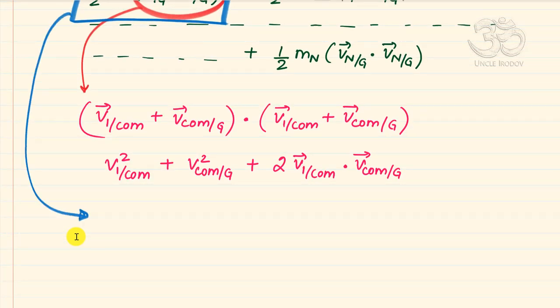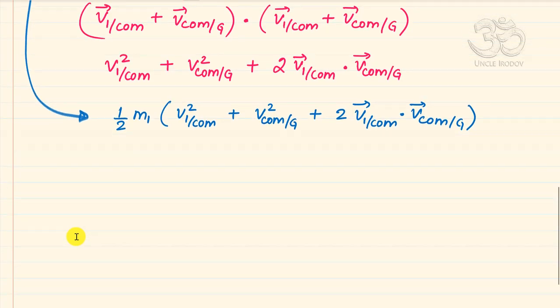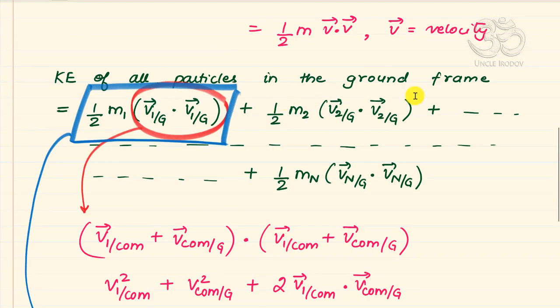It will become half of m1 times v1 with respect to center of mass whole square plus v center of mass with respect to ground whole square plus 2 v1 with respect to center of mass dot v center of mass with respect to ground, and similar terms for all the other terms also.